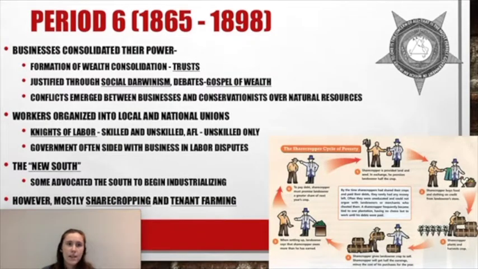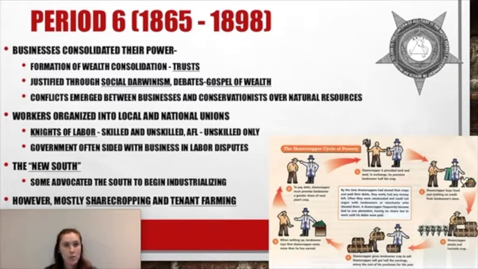All right, guys. So you have a lot of big businessmen who are also joining together at this time and really figuring out ways to combine their wealth in a way in which they can make more wealth, such as trusts. And you also have big businessmen at this time, Rockefeller, Carnegie, who are really developing tactics to monopolize their trade.